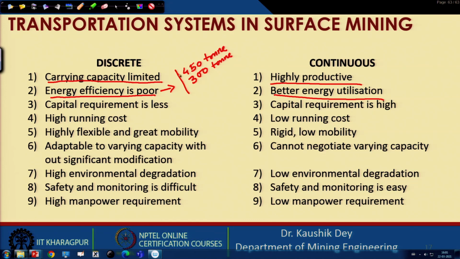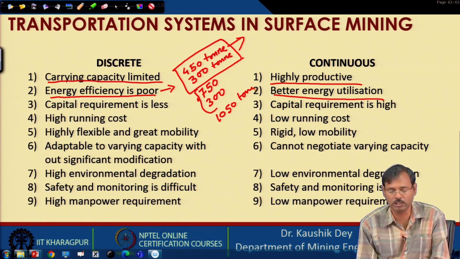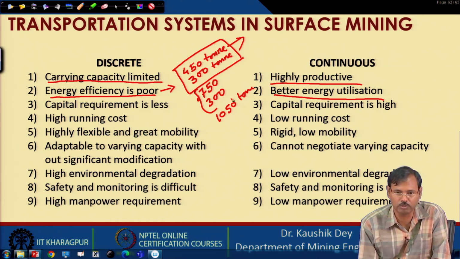That means when the loaded dumper is moving, the energy required for propelling is for 750 ton, whereas when the dumper returns empty, the energy required for propelling is for 300 ton. So together, for shifting 450 ton of material, the energy required is for 1050 ton, if you are considering ton kilometer.